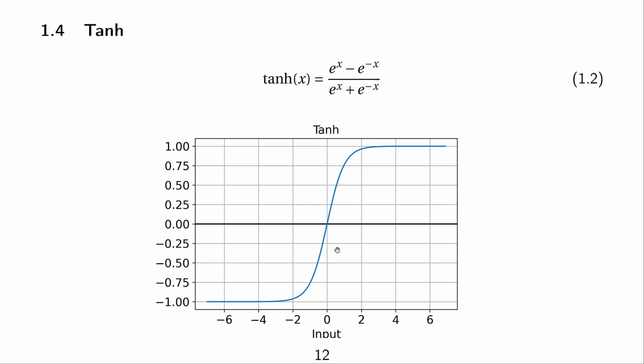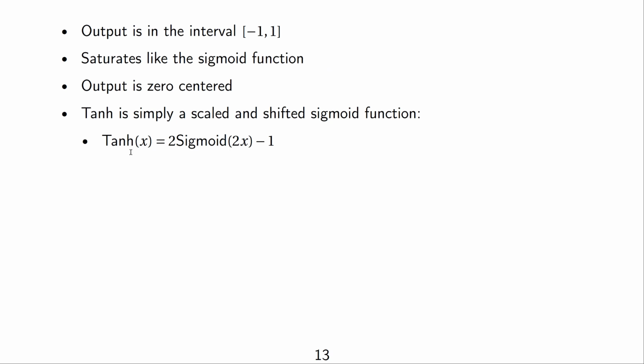But here we can see that the output is zero-centered, and the function looks similar, or at least compared to the sigmoid function, it's more similar to the identity around the origin. In fact, the tanh is simply a scaled and shifted sigmoid function. The relationship is as follows: tanh of x equals 2 times sigmoid of 2x minus 1.